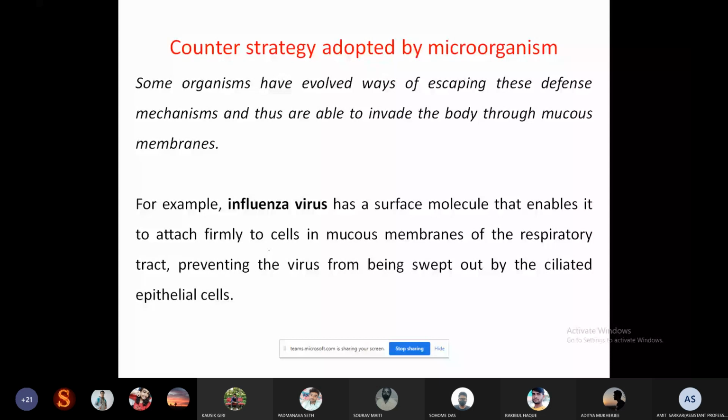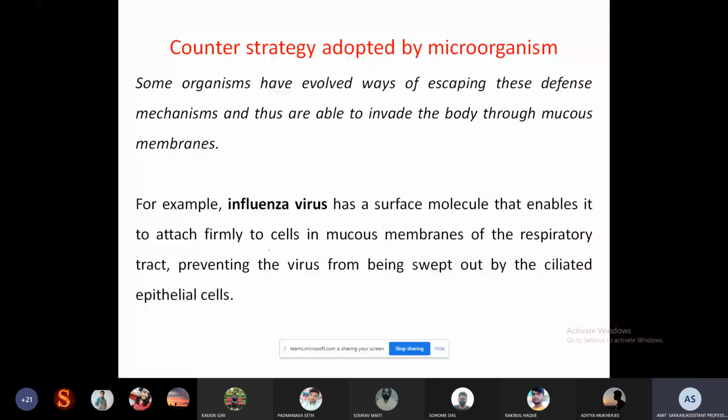As we want to survive in this world, microorganisms also want to survive. So if you adopt some strategy to kill the microorganism, then microorganisms will also adopt some strategy to save themselves. Those are called counter strategies adopted by the microorganism.